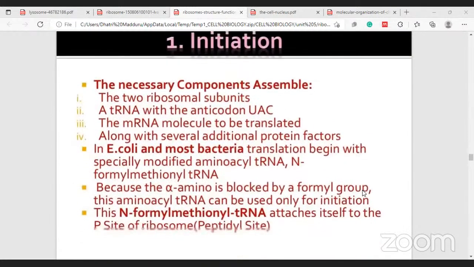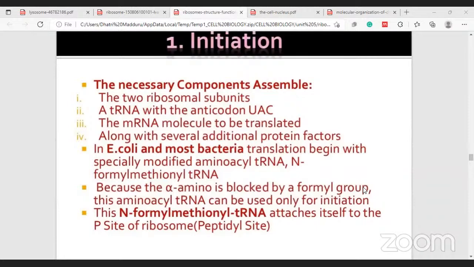For initiation, the necessary components for the assembly are the 2 ribosomal subunits, the larger subunit and the smaller subunit, the tRNA with the anticodon UAC, the mRNA molecule, and other additional protein factors. These are the important components required for initiation.